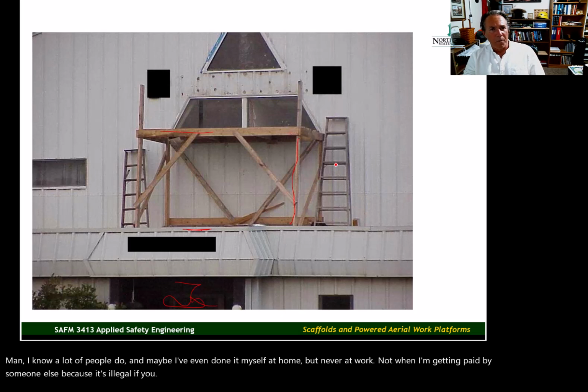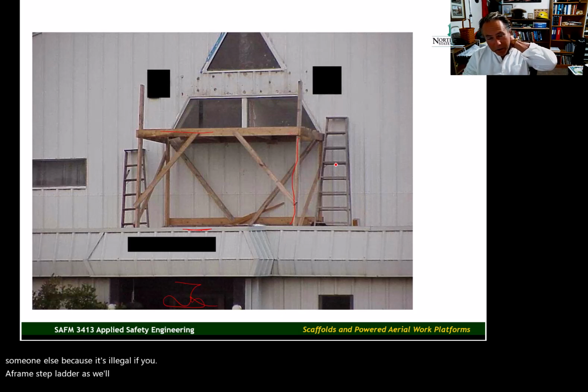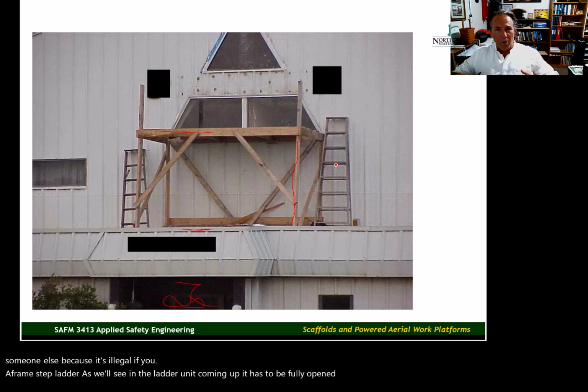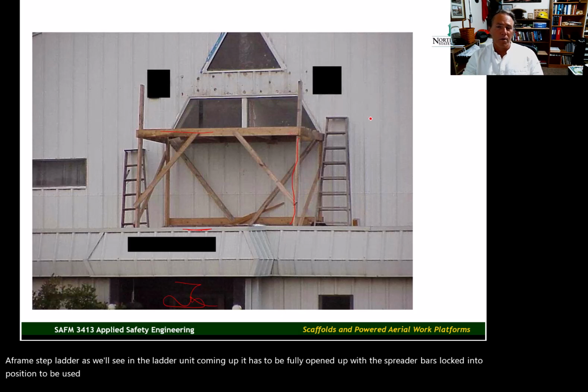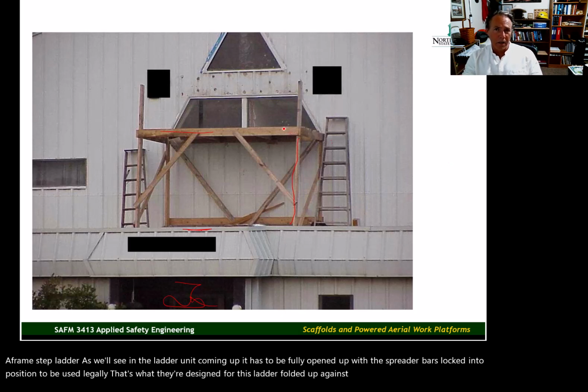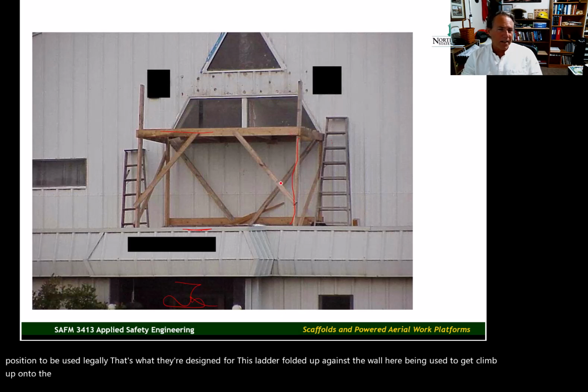An A-frame step ladder, as we'll see in the ladder unit coming up, it has to be fully opened up with the spreader bars locked into position to be used legally. That's what they're designed for. This ladder folded up against the wall here, being used to climb up onto the platform, that's not proper access to that platform.